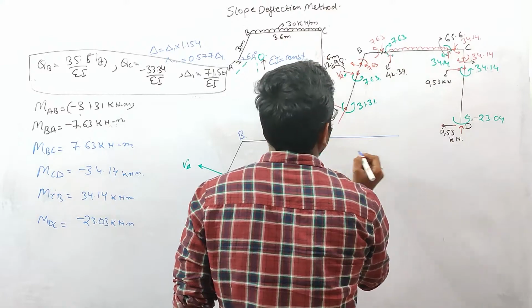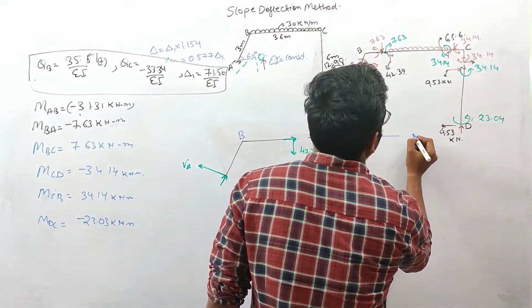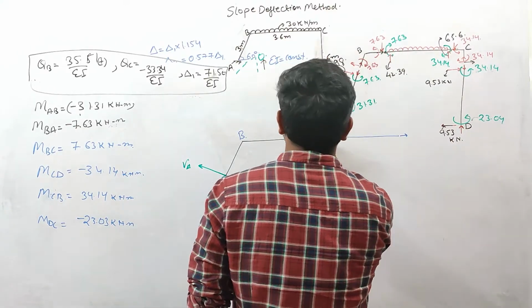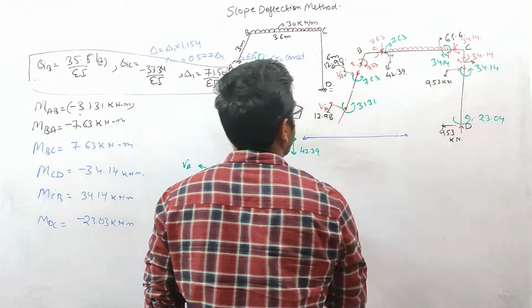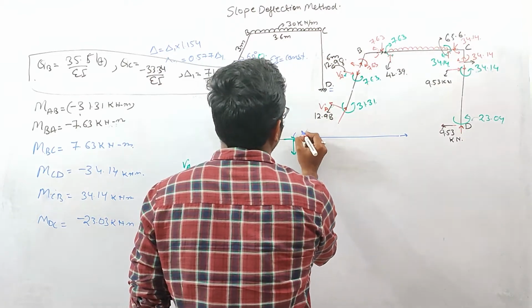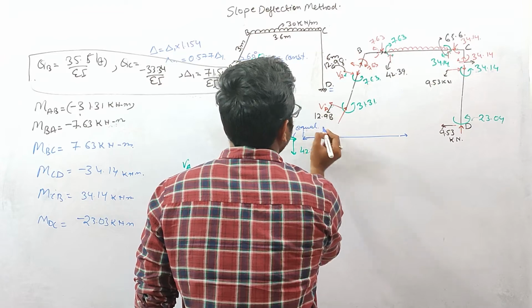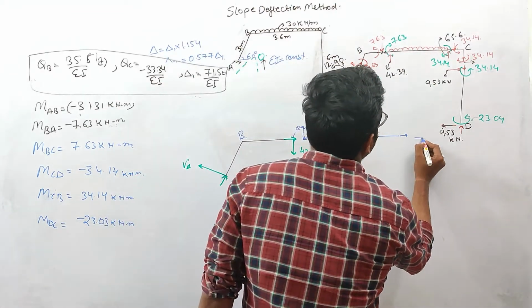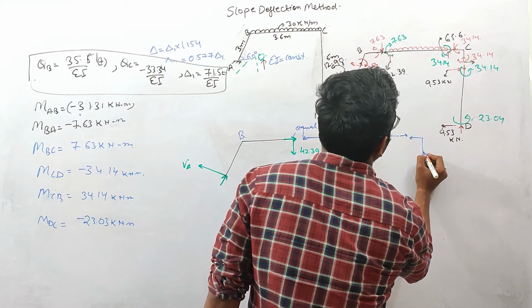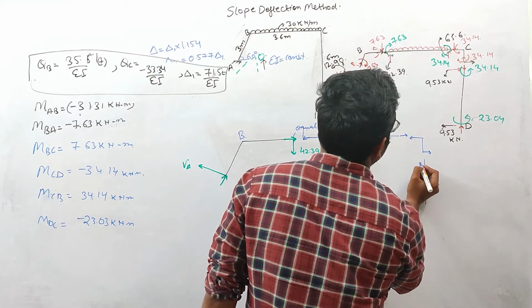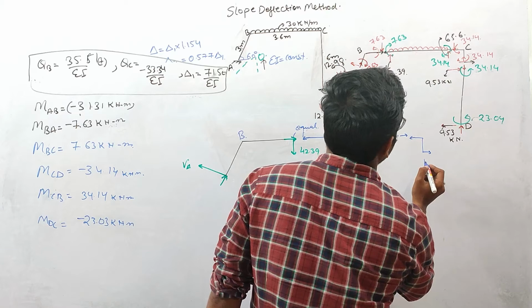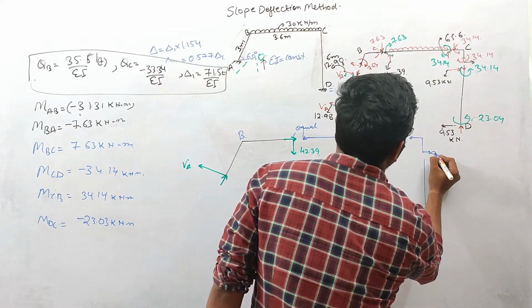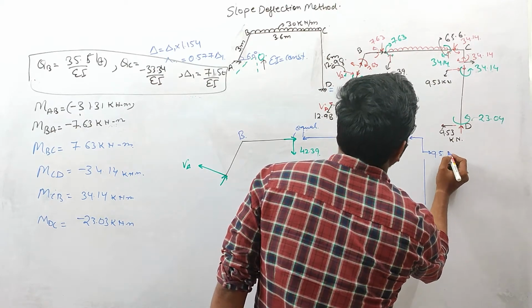One more thing, this is member BC. So at BC we are saying that there is some axial force acting, and these axial forces are both equal. So we can calculate this axial force basically, and this is equal to 9.5.